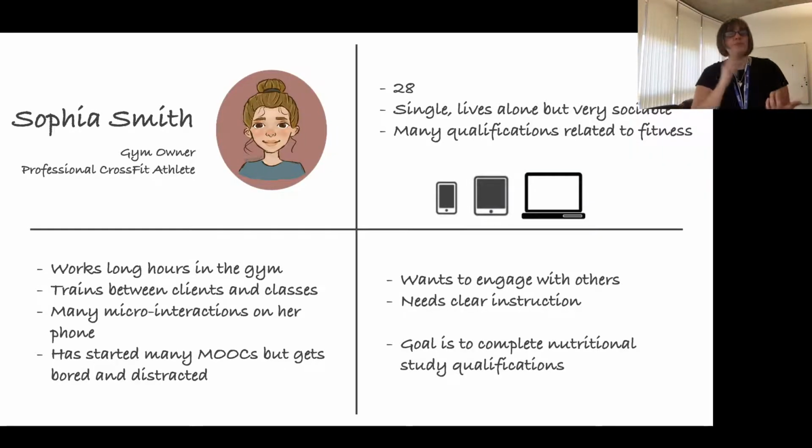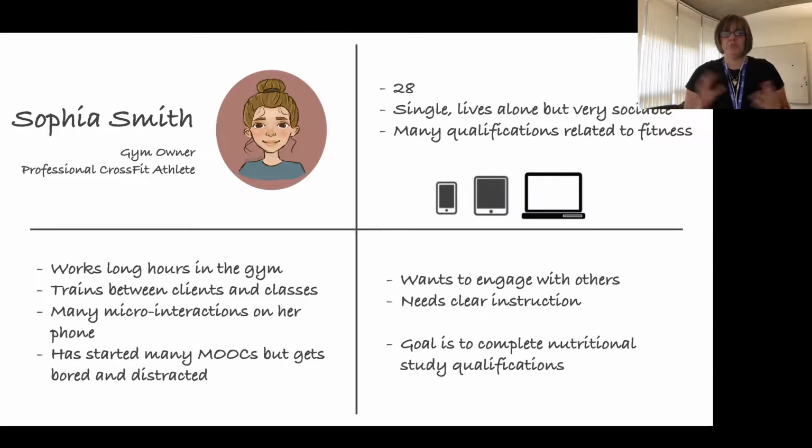So as an example, we've got Sophia Smith, gym owner, CrossFit athlete, and a sketch of Sophia. The demographics is that she's 28, she lives alone. She's got a lot of qualifications related to fitness. She's quite IT literate. She uses all of these devices. Behaviours is long hours in the gym, lots of micro interactions on the phone, so that's important. There's lots of picking it up, checking notifications and putting it away.